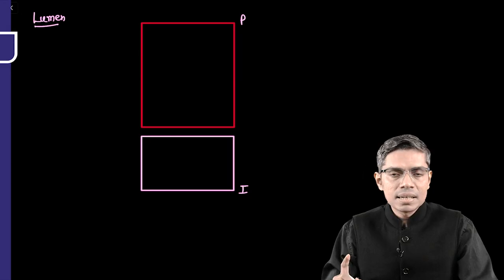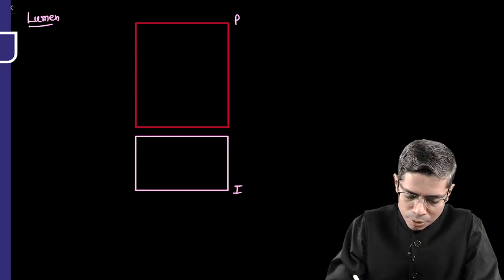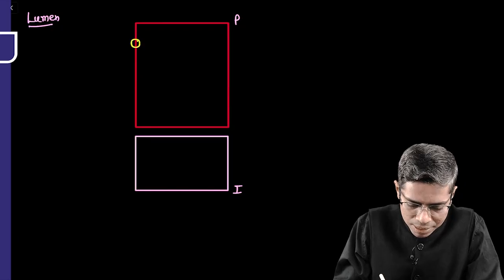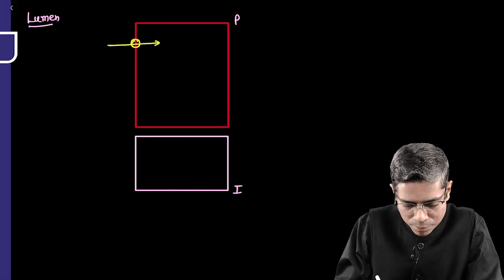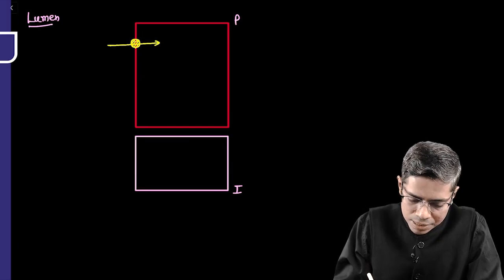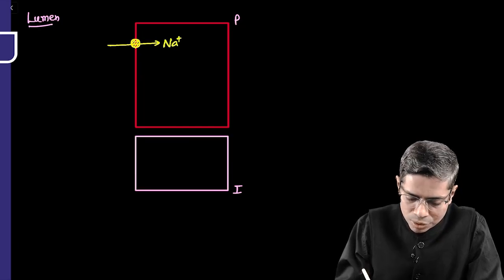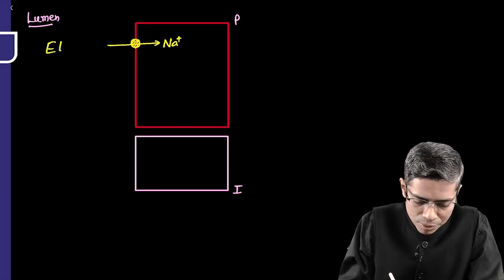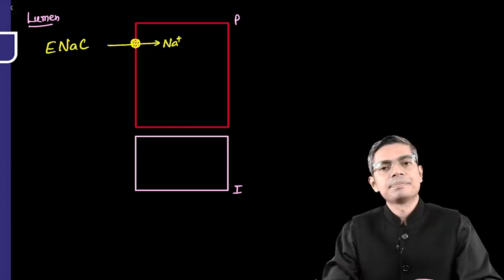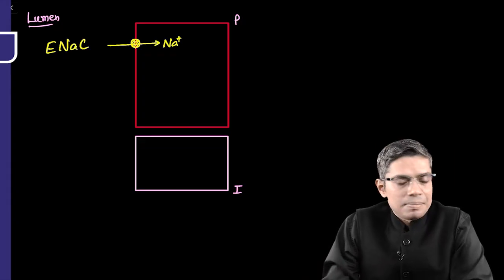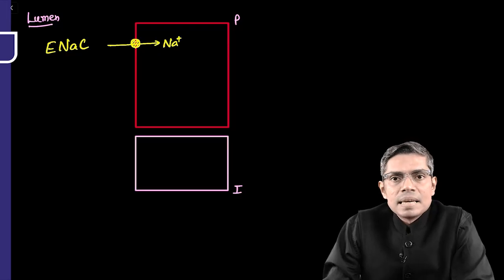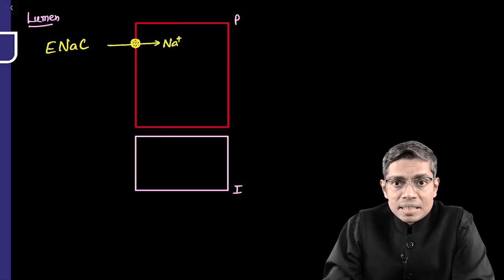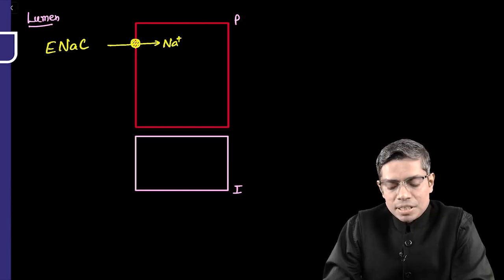So collecting duct sodium reabsorption from the lumen is done by a transporter protein which absorbs only sodium from lumen to cell, and this transporter protein is known as ENaC, the ENaC channel. ENaC, very famous name, you must have heard. E for epithelial sodium channel, that is the ENaC channel.